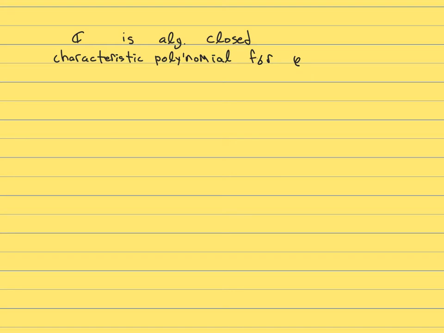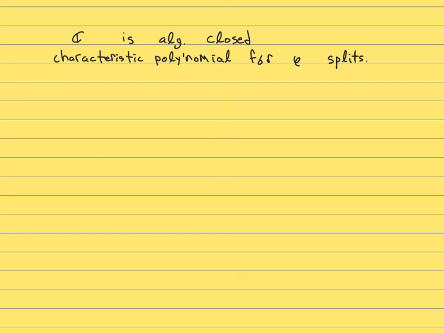For the second part, observe that C is algebraically closed, which means that from linear algebra, the characteristic polynomial for your homomorphism, because remember it is a linear operator between two vector spaces, so it has a characteristic polynomial, must split completely.